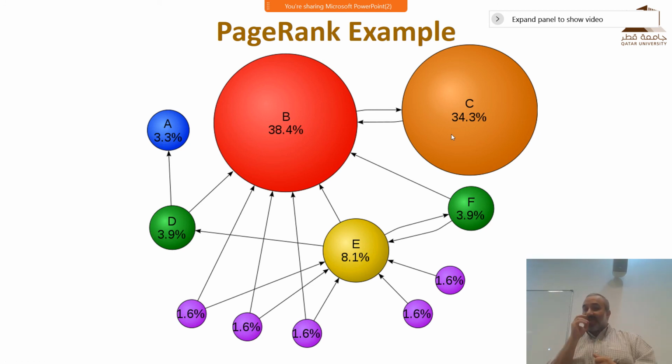Very good. C has only one in link, but it came from a page that seems to be very popular. Almost everyone, or many, are pointing to it. So it gets some credit from that page, through just this one node. Okay, what else? No one is pointing to them. Yes? What else?